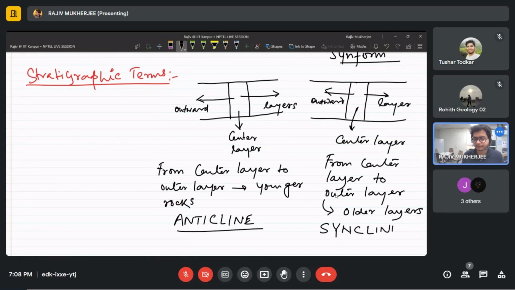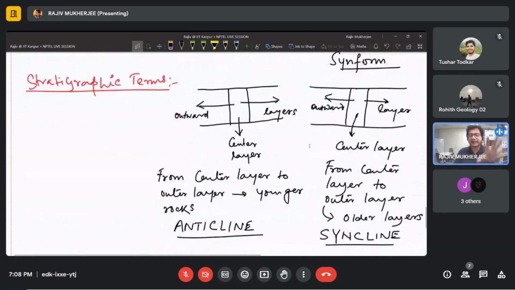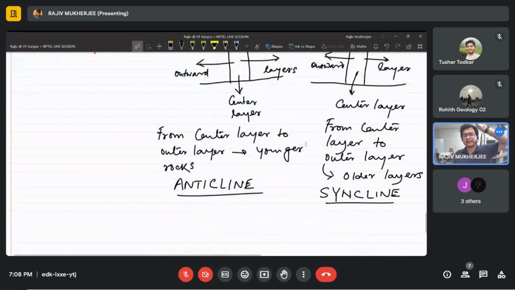So anticline and syncline have nothing to do with the geometry of the rock. It is just a stratigraphic terminology: whether in a fold from center to outward we are observing sequentially older layers or sequentially younger layers defines whether it is a syncline or anticline, right?